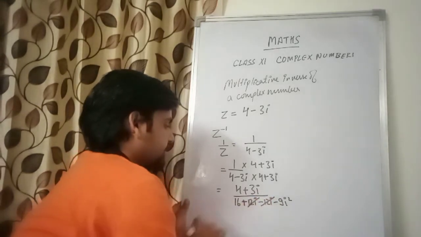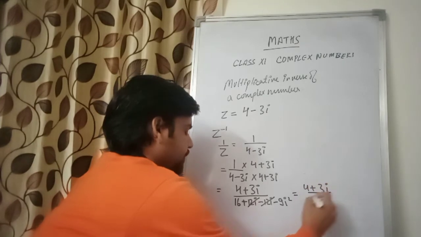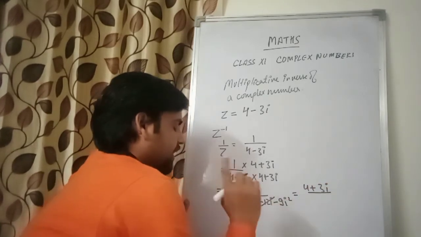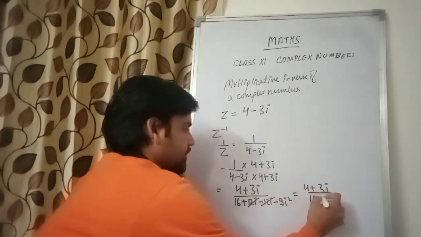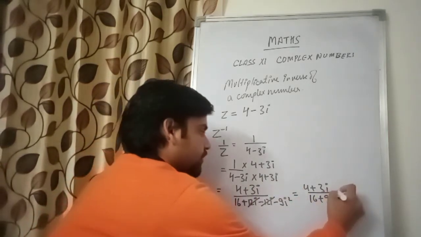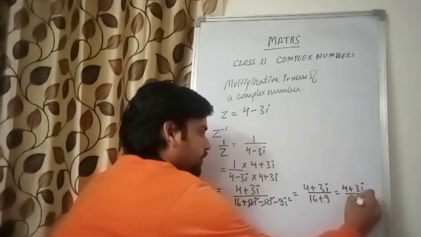So this will be cancelled. This can be further written as 4 plus 3i upon, now i square is minus 1, so minus 1 into minus 9 is plus 9. So 16 plus 9, this will be 4 plus 3i upon 25.